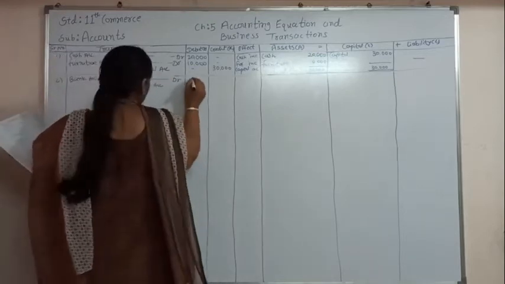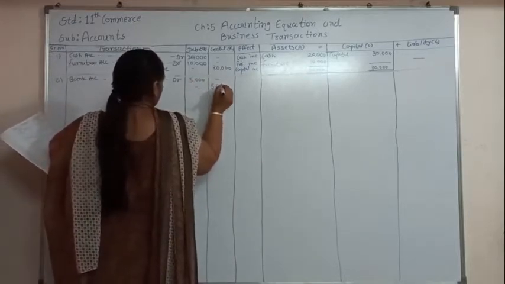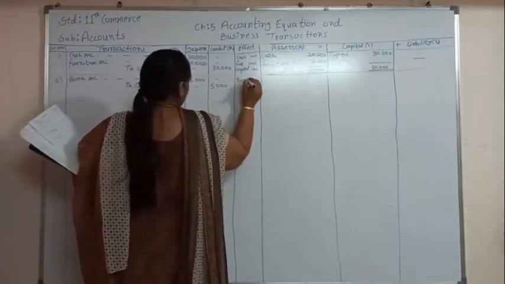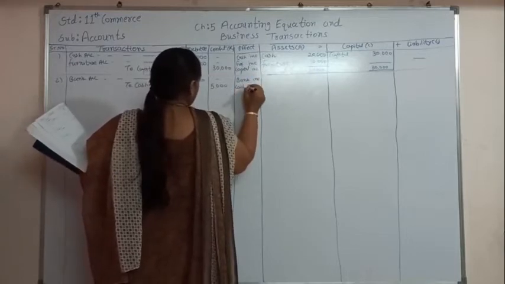So for that it is 5,000 and 5,000. Here again we can see that bank balance is going to increase and cash is going to decrease.